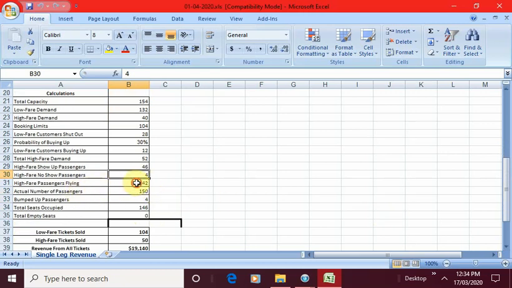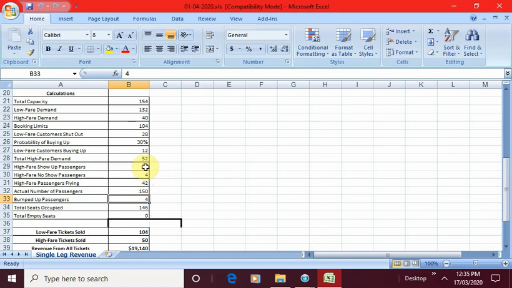High fare passengers flying on this flight is 42 plus 104, that's the number of tickets sold, that is 146, and the total number of actual passengers were 150. Show-up passengers of 46 plus 104 booking limit, which were the number of tickets sold also. So 46 plus 104 is 150, and then bumped up passengers were 4 who could not be accommodated.